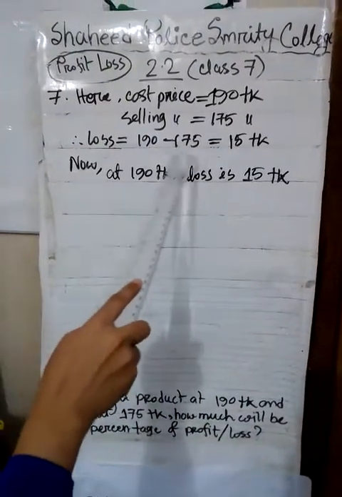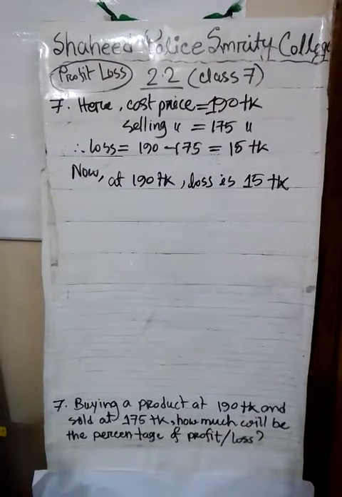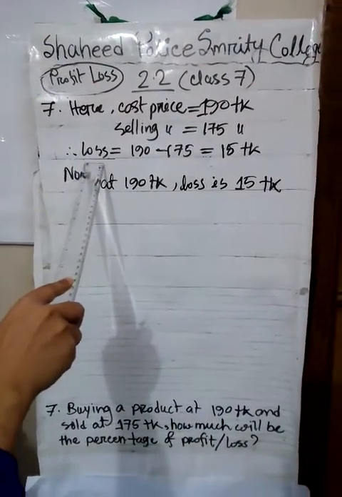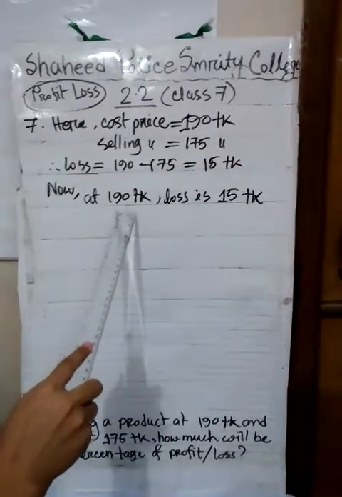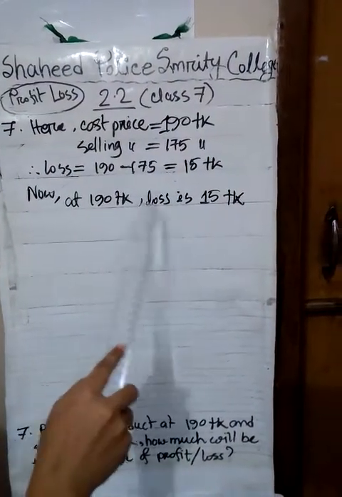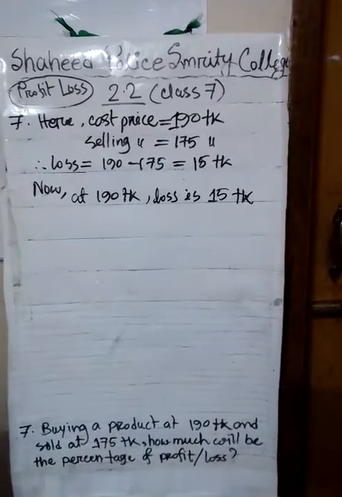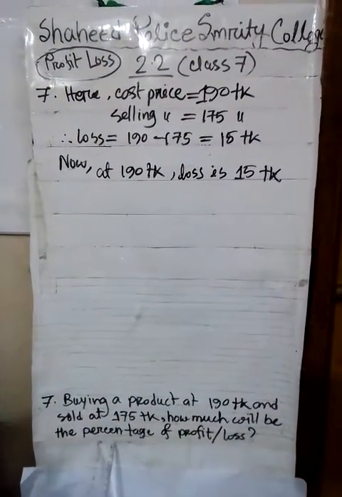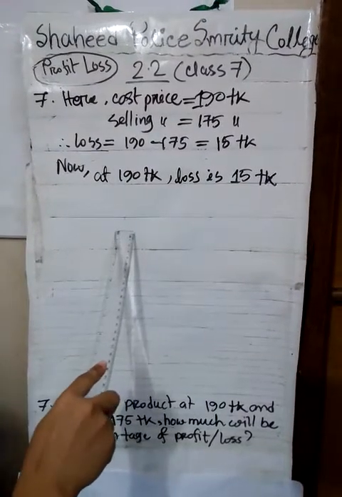So loss is 190 minus 175 equals 15 taka, and we know that profit and loss both depend on cost price. So at cost price 190 taka, loss is 15 taka, and in the question we can see that percentage means at 100 taka.